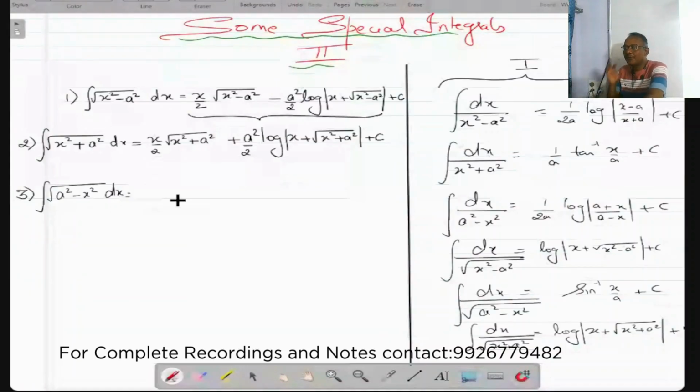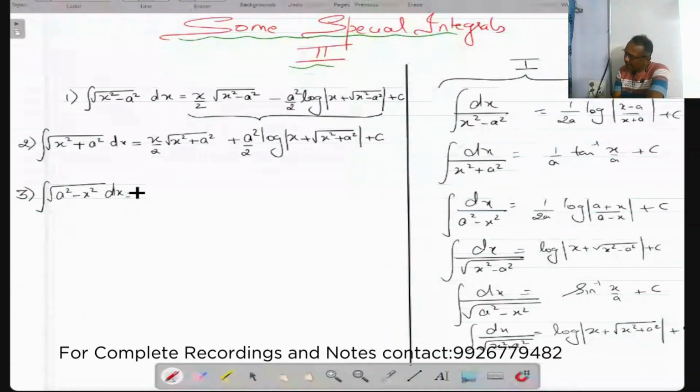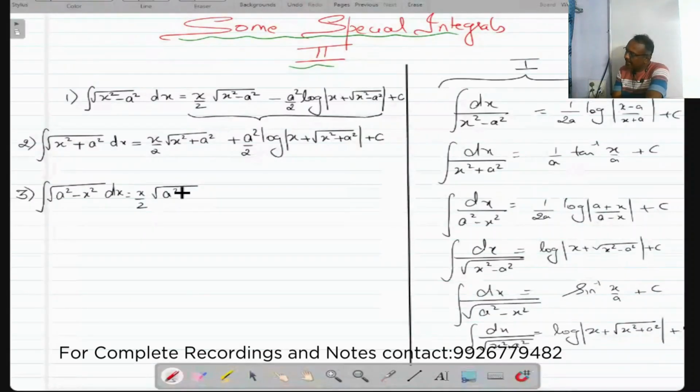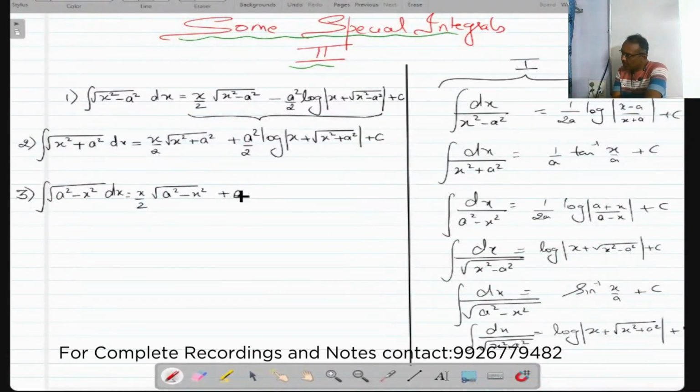Yes, एक बार हिट मारो देखते हैं. हाँ, x by 2 under root a square minus x square plus a square by 2 sine inverse x by a plus c.